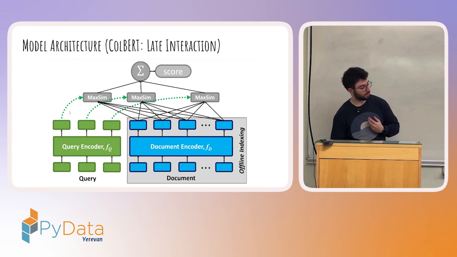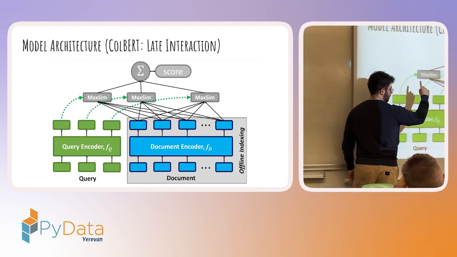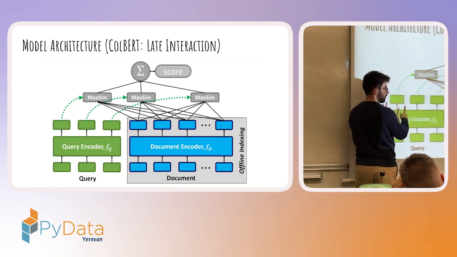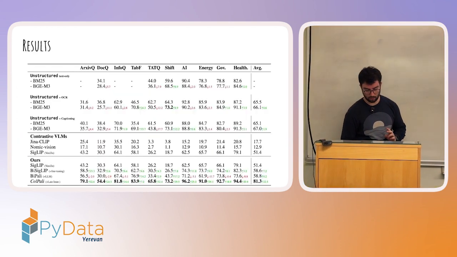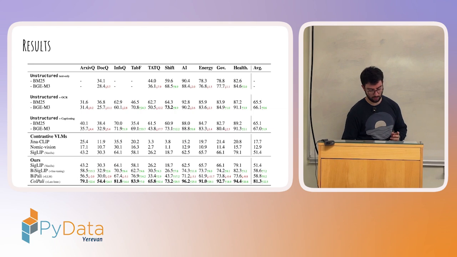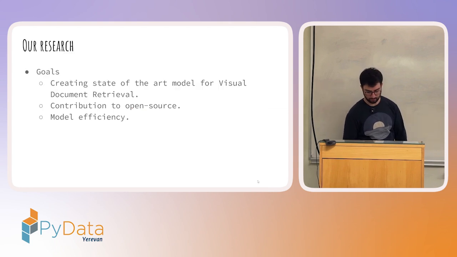In the BiPali method, they average the outputs, so for queries and documents they have just one vector for the query and one vector for the document. This is the standard method, and they show that with it the scores are significantly lower. The average over all of these datasets is 58 with BiPali, where the model is completely the same, and for ColPali it is 81, which is very significant in research.